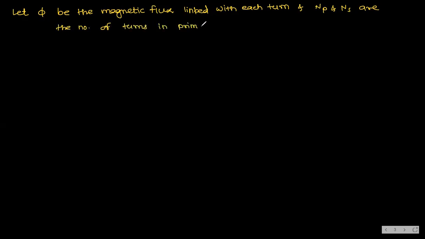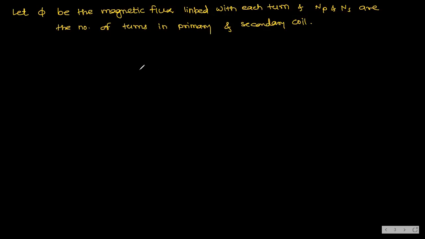Let phi be the magnetic flux linked with each turn, and NP and NS are the number of turns in primary and secondary coil.